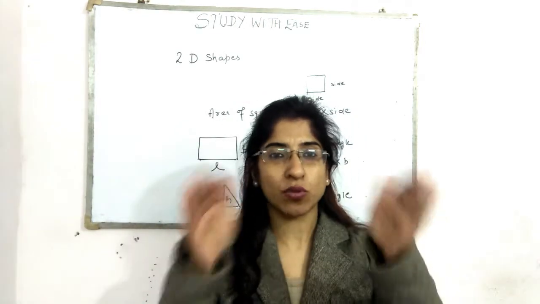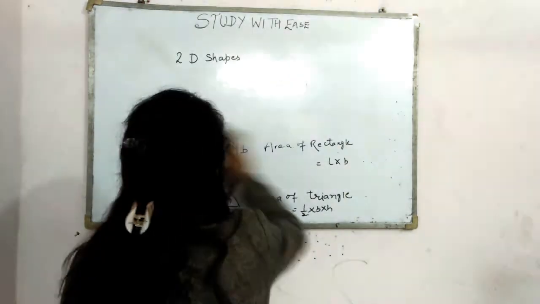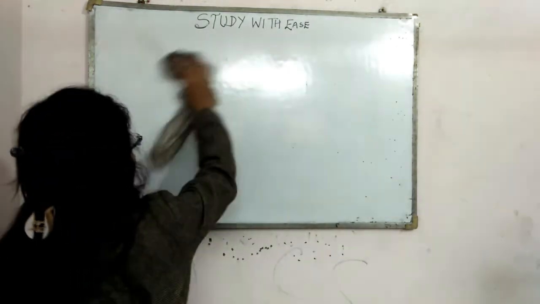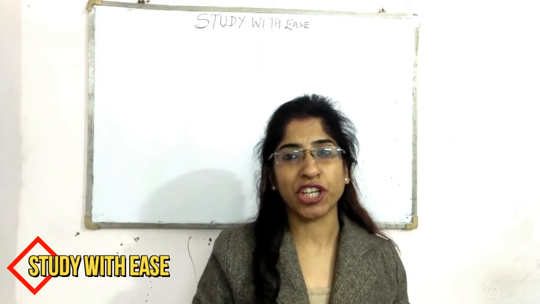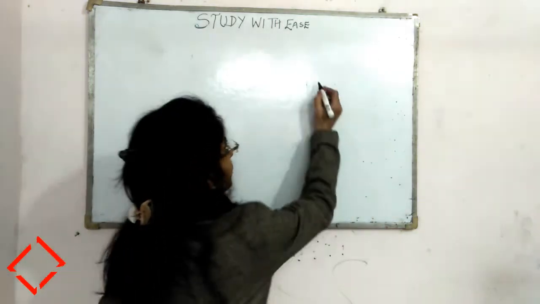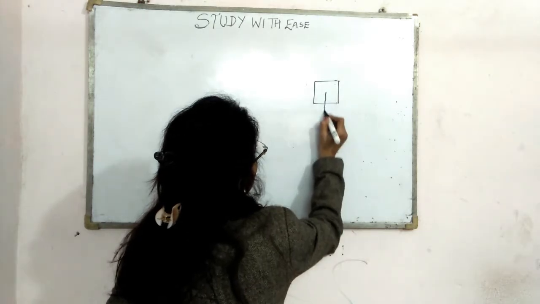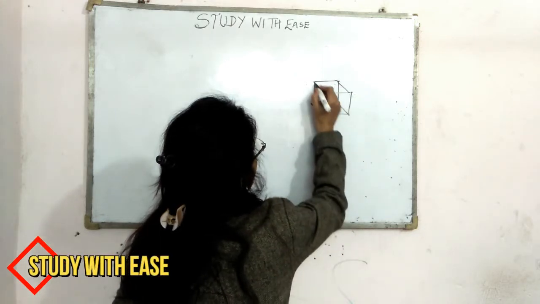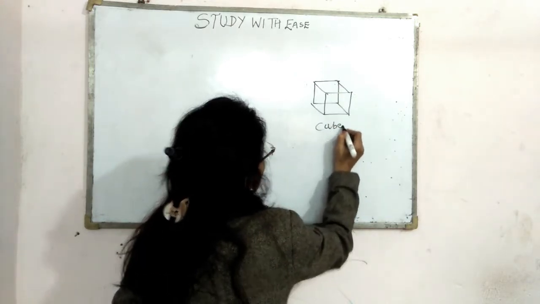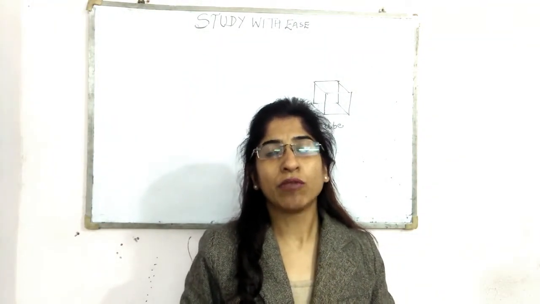How we can join all these squares and we will get different shapes of cube and cuboid. Now we will talk about 3D shapes. In first shape, we will take cube. If we join 6 surfaces which are in the shape of square, we will get a cube.